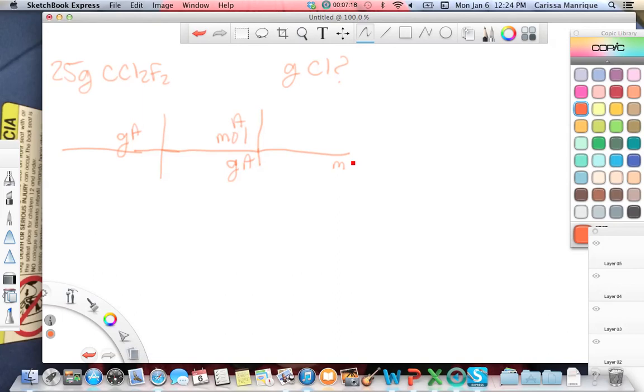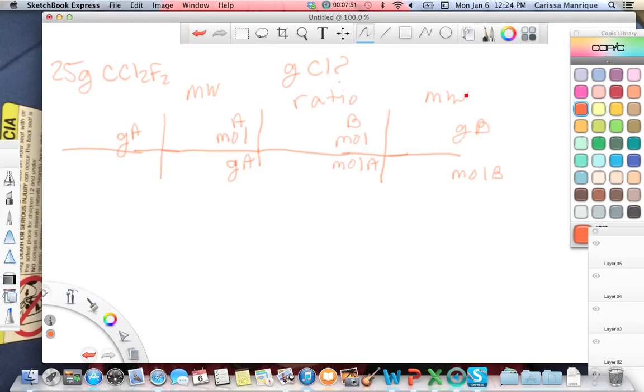Then this is our new conversion, mole of A to mole of B. And then mole of B to gram of B. Now let's look at this. Here's a mole-gram ratio, so this is just molecular weight. Here's a mole of A, mole of B, so that's our new one called the mole ratio. And this here, gram-mole ratio, that is again just molecular weight.